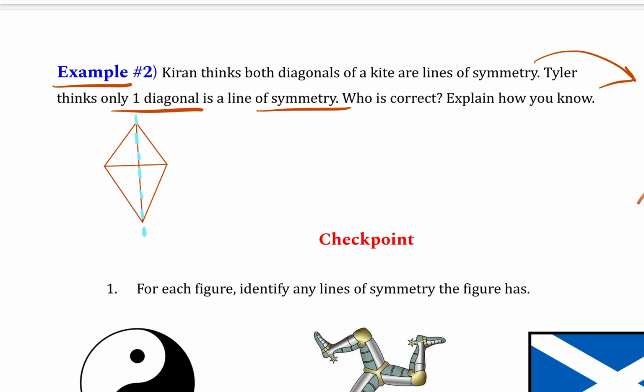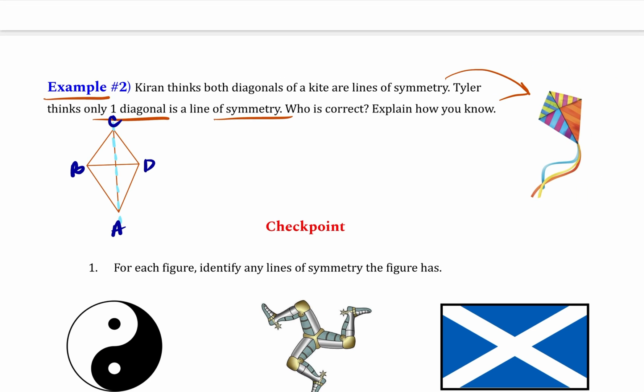Got rid of that other line. A, B, C, D. And that's just going to help me in my justification. So I'm going to reread. Tyler thinks only one diagonal is a line of symmetry. He is correct.